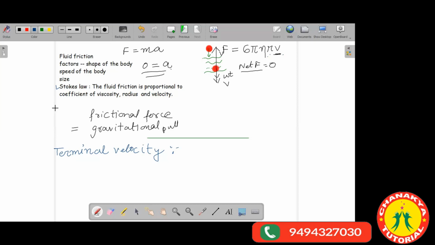And since it depends on the shape and size of the object, here we have used R considering the object to be spherical in shape, and we have obtained the formula F equals 6 pi eta RV. Now, different shapes can be given to reduce the amount of fluid friction. For example, the design of a car and the design of a bus are different. A bus is designed straightforward, something like this.